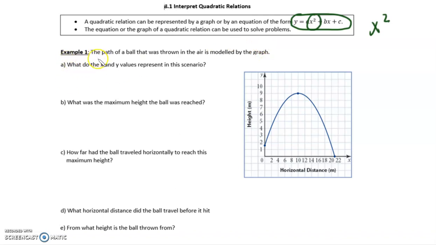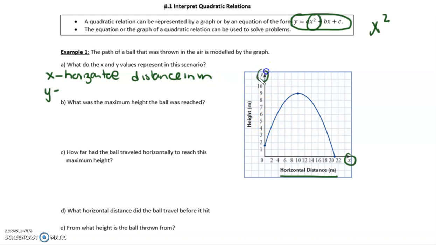So example 1, the path of a ball that was thrown in the air is modeled by this graph. Okay, what do the x and y values represent in this scenario? Okay, so the x value represents the horizontal distance in meters.